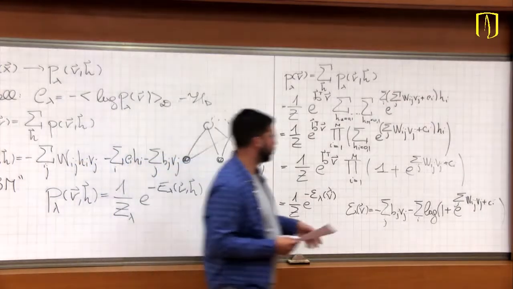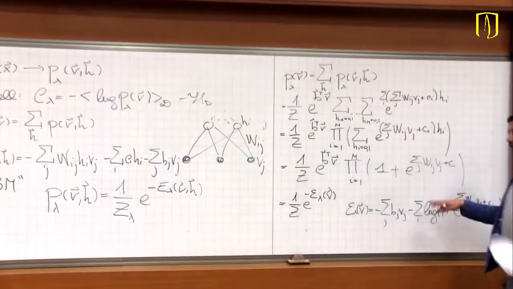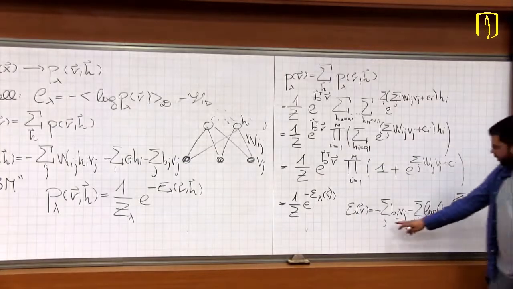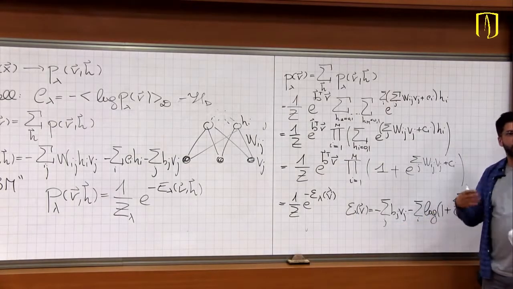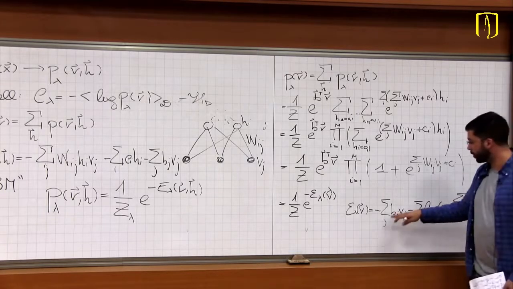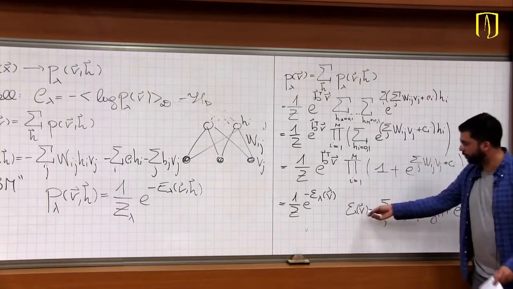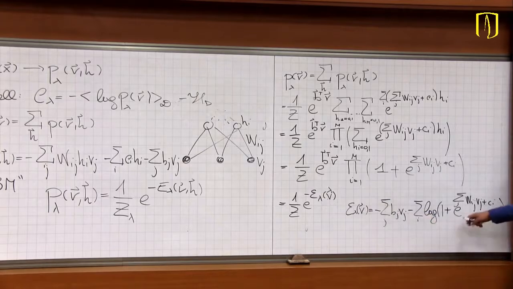But as you look at the energy of this Ising model, you see that it still has this term, which is kind of like a mean field, magnetic field for this variable V, and then this log. And this is the nonlinearity. This is how your model becomes expressive.